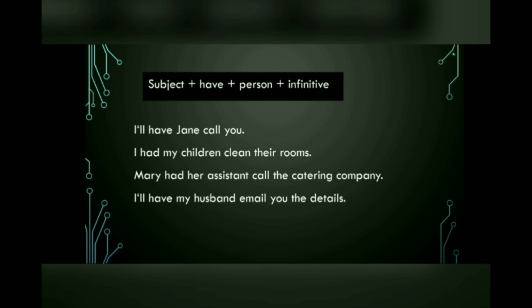Let's take a look. It is subject, have, person, infinitive. An example: I will have Jane call you. This is something a boss might say about their secretary.